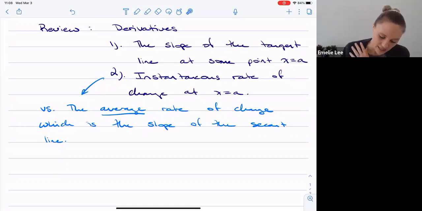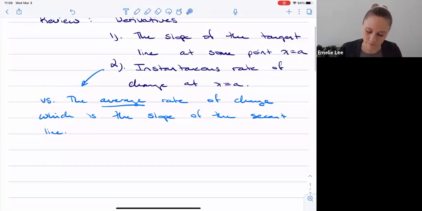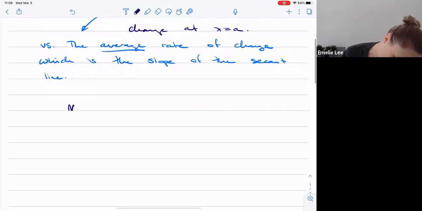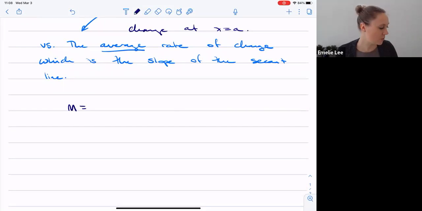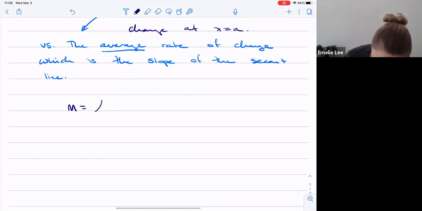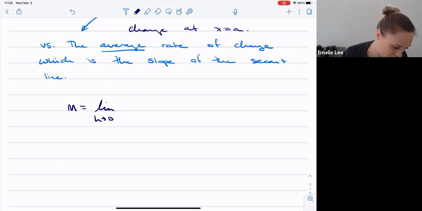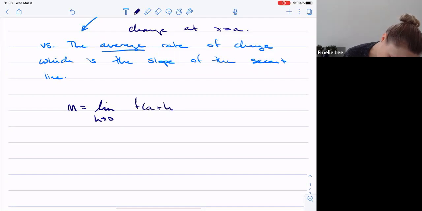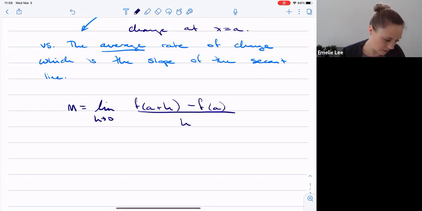Same idea, but what we said last day was, okay, the slope of the tangent line at some point x equals a, I can find using a limit: the limit as h goes to 0 of f of a plus h minus f of a over h.